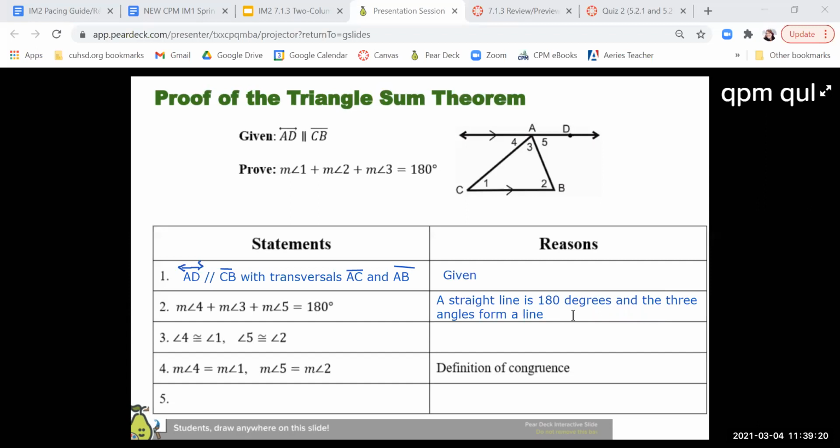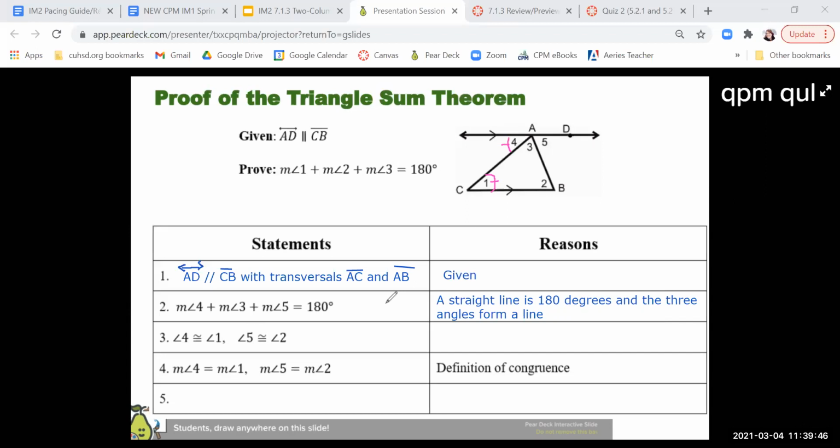Okay, so now that we've established that 4 plus 3 plus 5 make 180, now let's connect up the other angles in the triangle. We need a way to connect to angle 1 and angle 2. So look in line 3, it says angle 4 and angle 1 are congruent. So angle 4 and angle 1 are congruent angles.